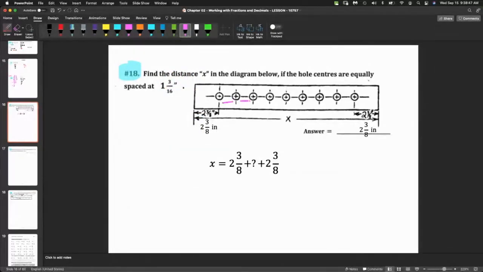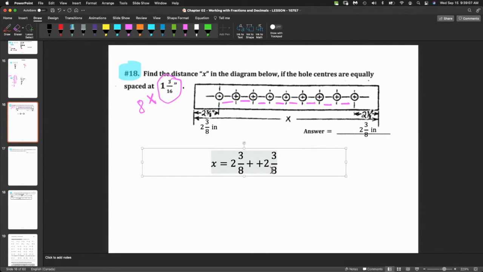We're talking about this plus this plus this. Count them with me. 4, 5, 6, 7, 8. How long are each of those 8 measurements? Well, they're that. It's 8 times that. So that's what goes there.